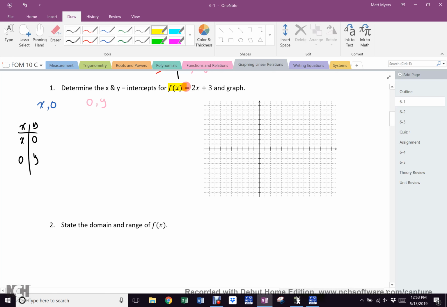What do I have right there? That equation. Right now it's in function notation, yes? But function notation is just x and y, isn't it? Input, outputs. So how could I rewrite that? Y equals what?